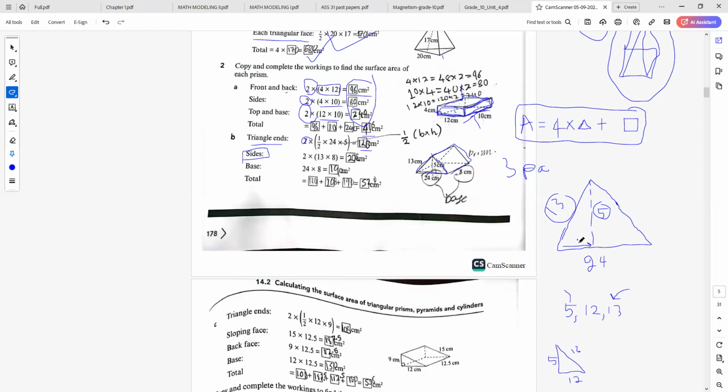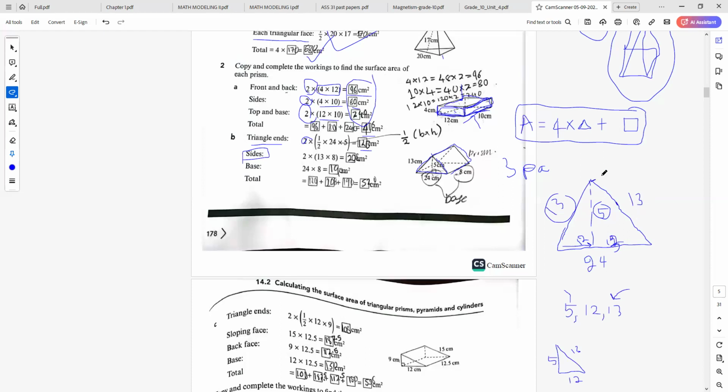And the total length of this side is 24. This is also 13, right? So as I told you, this is actually an isosceles triangle because if this is 5 and this is 12, this is 12, then again this will be 13. So two sides are identical.